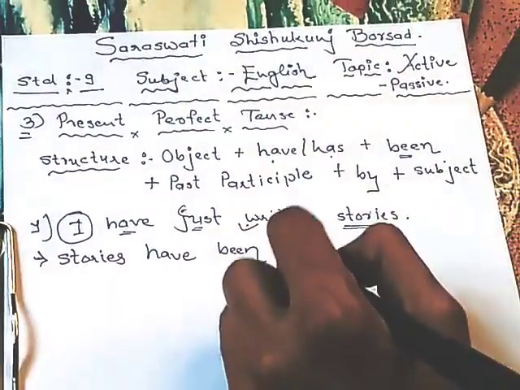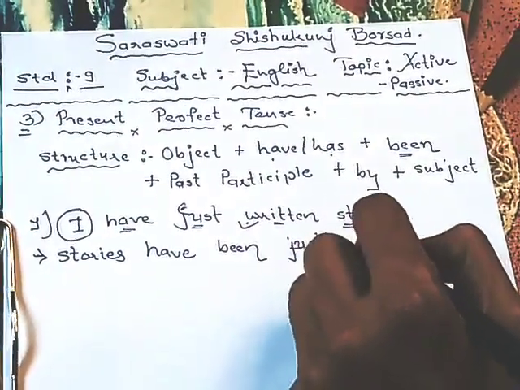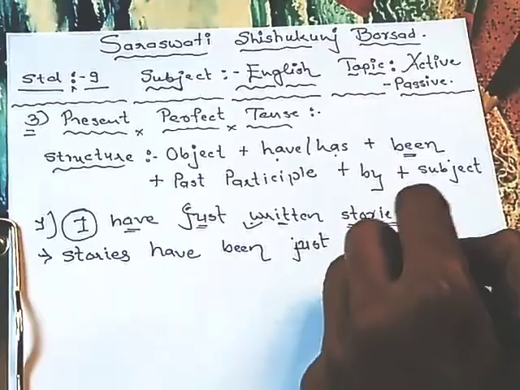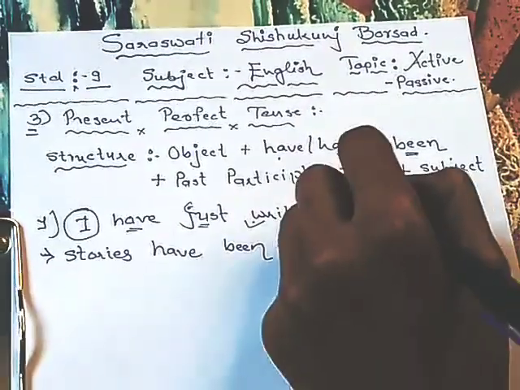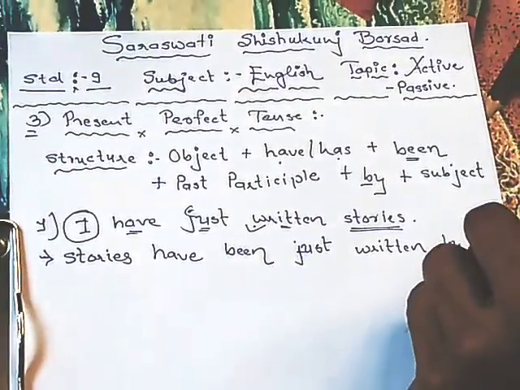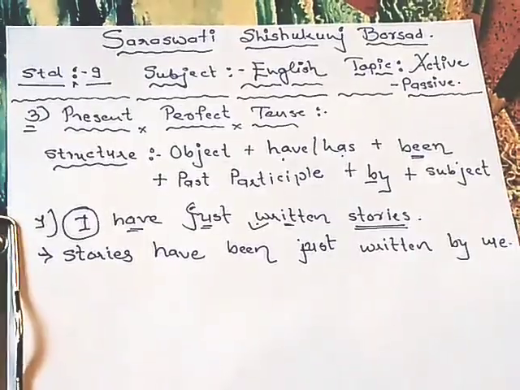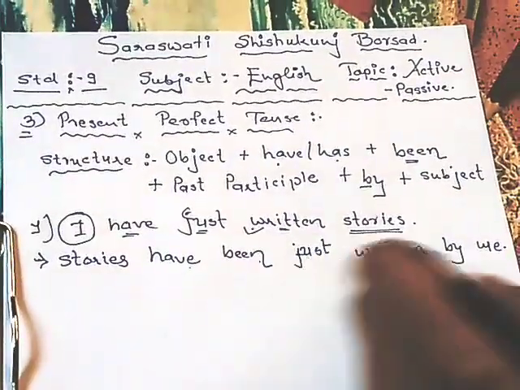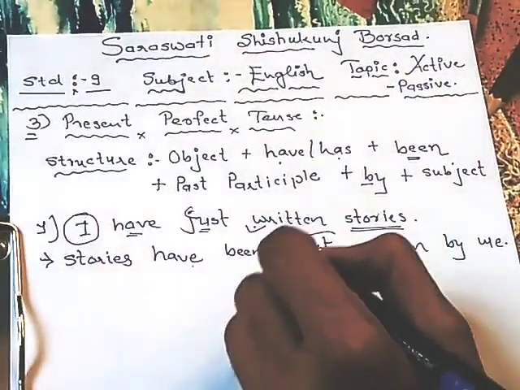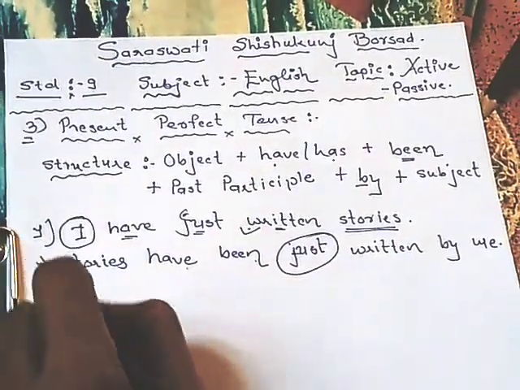Stories have been just written. Then by and the subject I, so I will be changed to me. So this is how you can make the answer: Stories have been just written by me. Even if you don't write just, that is also considered right.